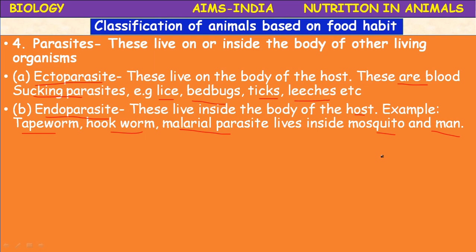These worms are present. That's why you might have seen in small children below 5 years, or even in adults also, deworming. Deworming means the process in which the worms are eliminated from the body.